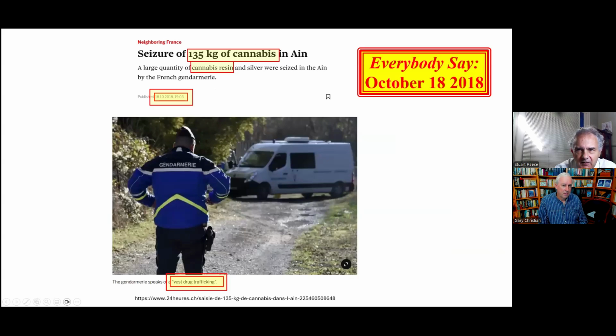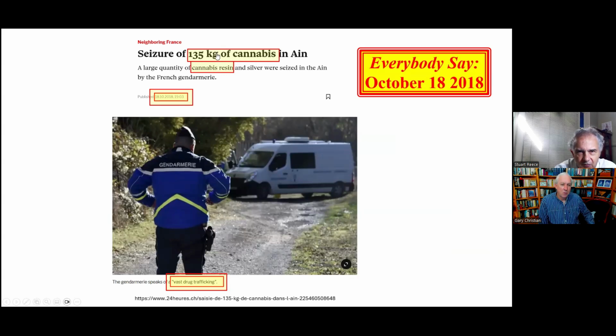Now, just a few days prior to that report on the 22nd of October, on the 18th of October, it was mentioned that in Ain, there was a media report, 135 kilos of cannabis resin, which is very concentrated, was found. And the gendarmerie, the police of France, was speaking of a vast drug trafficking ring.